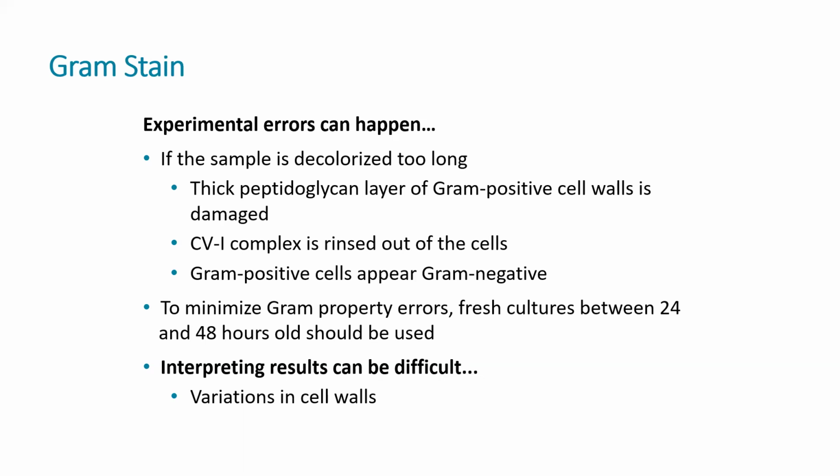And sometimes there are variations in the cell walls of organisms in general, right? And so some organisms just are easily decolorized, even though they're gram-positives. And then other times, like when you do have an old culture, that can lead them to be easily decolorized because you have a lot of dying cells.